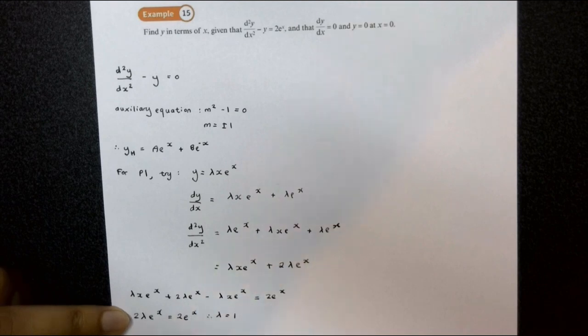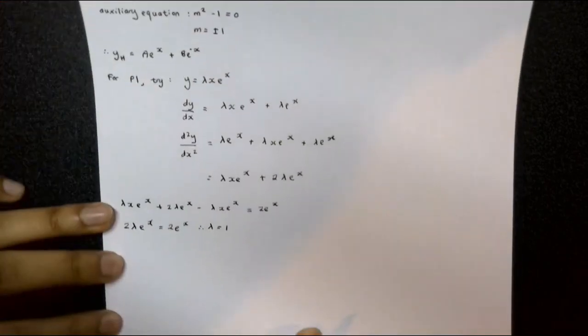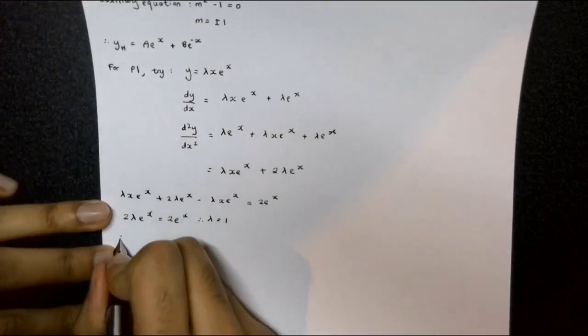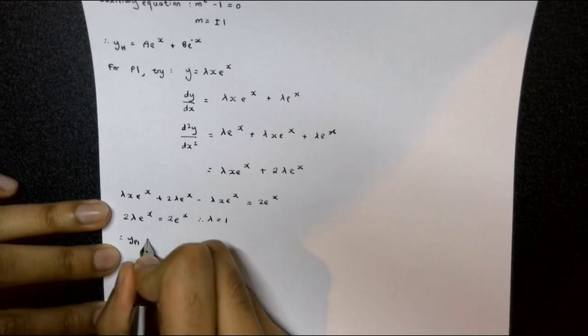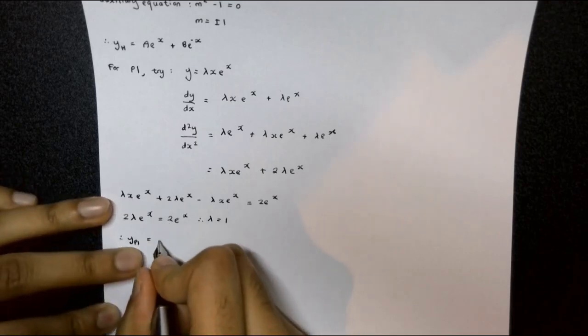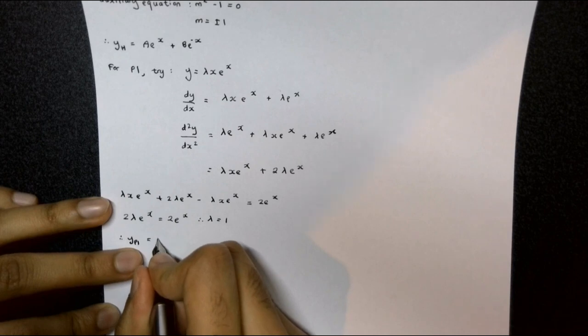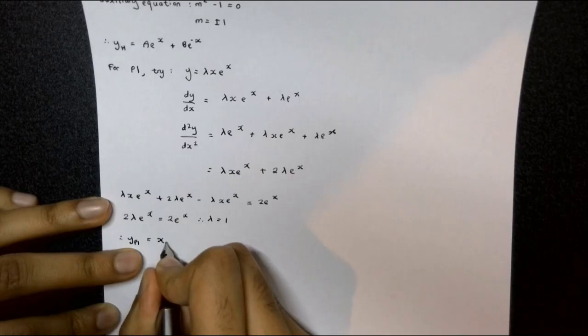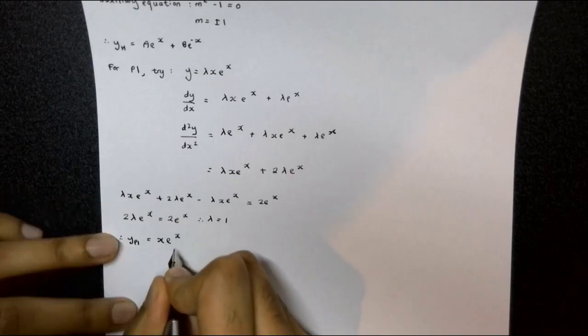Lambda is equal to 1. And knowing that lambda is equal to 1, we can therefore conclude for our particular integral we have y equals 1x times e to the x.